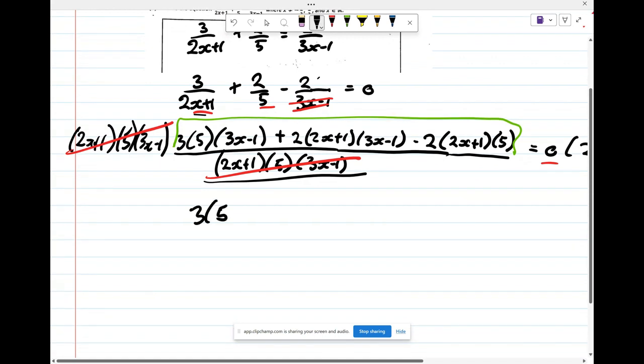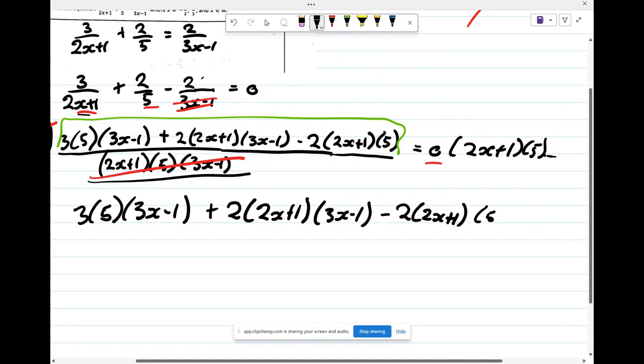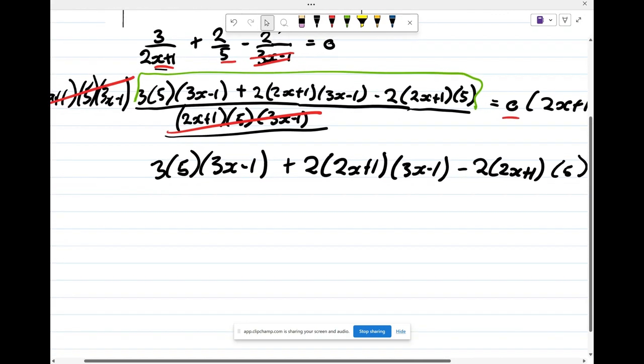So 3 times 5 times 3x minus 1 plus 2 times 2x plus 1 times 3x minus 1 minus 2 times 2x plus 1 times 5 is equal to 0.